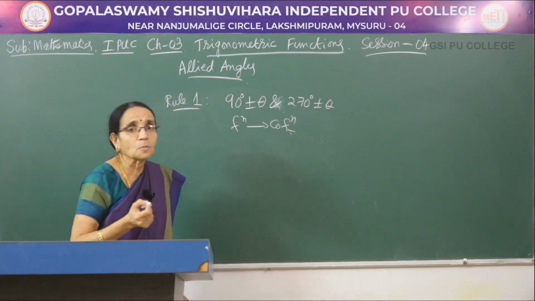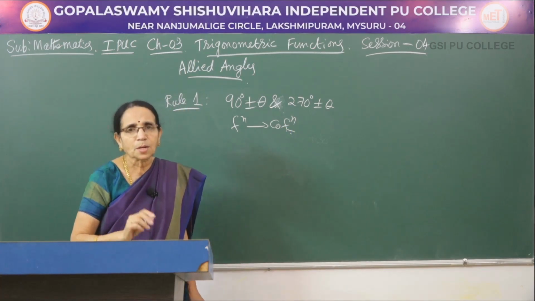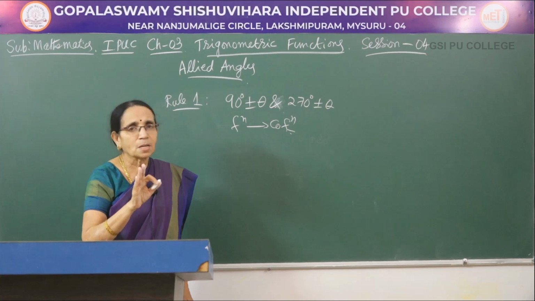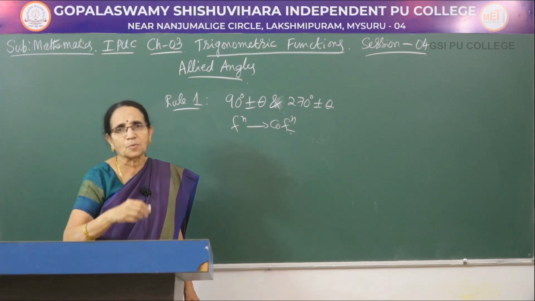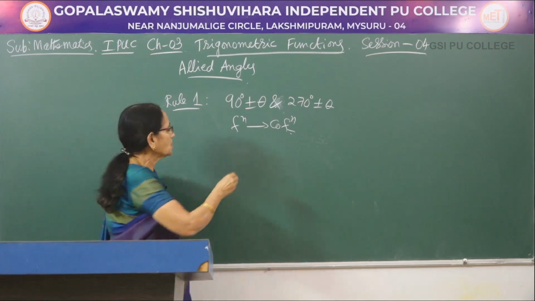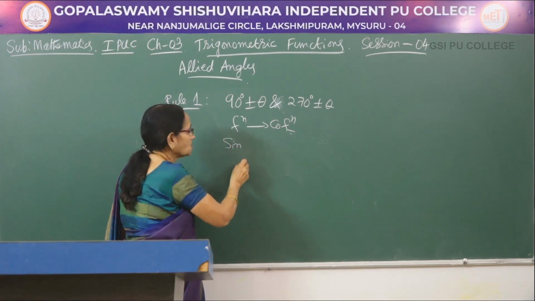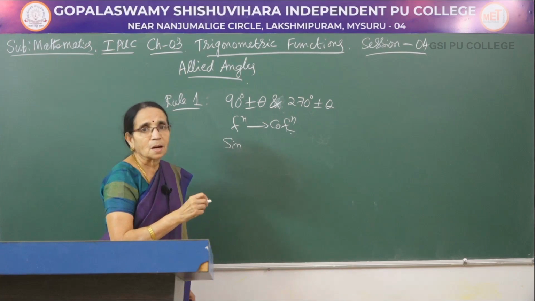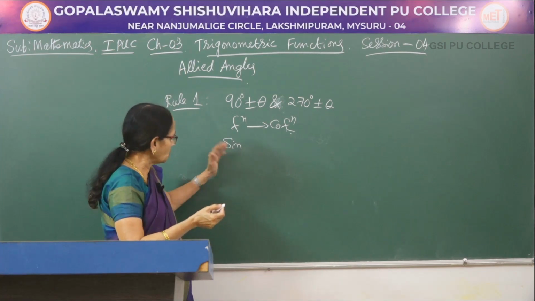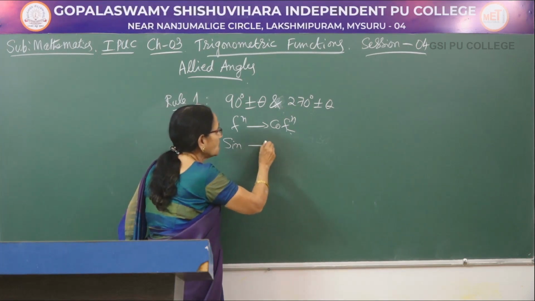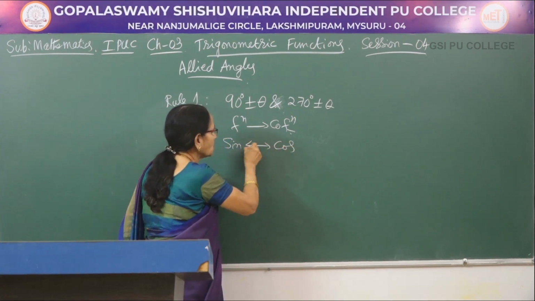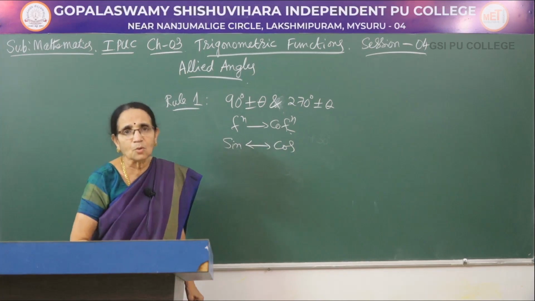Next problem is, what do you mean by a cofunction? Look here, you know that we have learnt about the definition of six trigonometric ratios, trigonometric functions we can call them. Now, you know that we write sine, and cos, cos means cosine. So for sine, cos is the cofunction, for cos, sine is the cofunction.